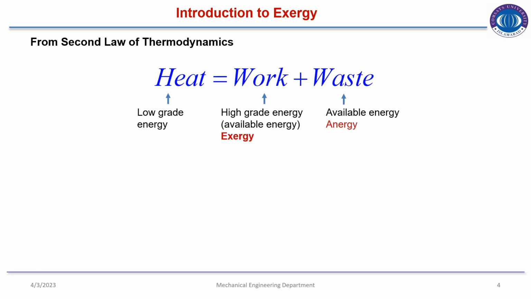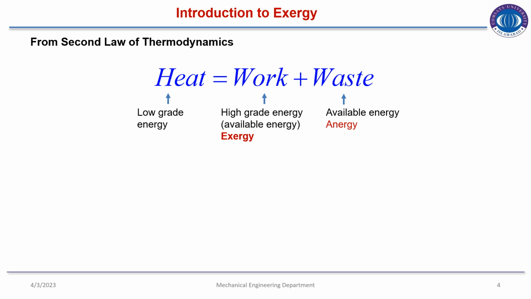From the second law of thermodynamics, this is the equation we have already studied: heat is equal to work plus waste. We studied that equation when we were discussing the cyclic heat engine, that the energy supplied to the engine from the high temperature reservoir, some of that will be converted into work and the rest will be rejected into the low temperature reservoir.